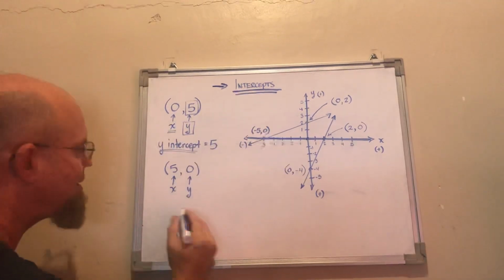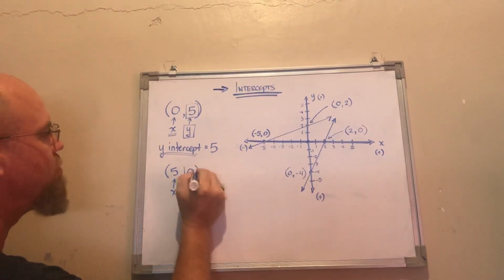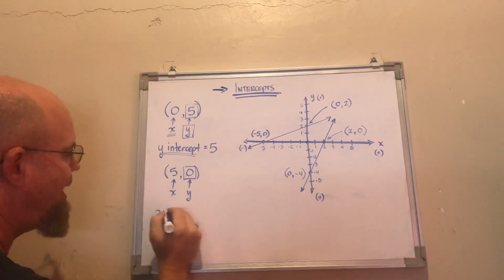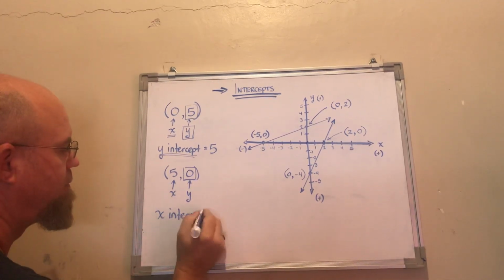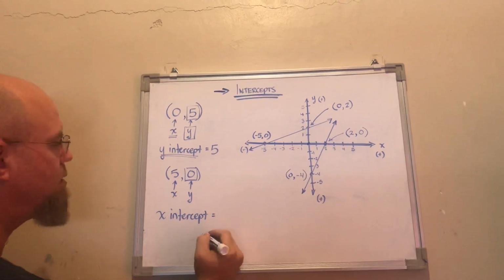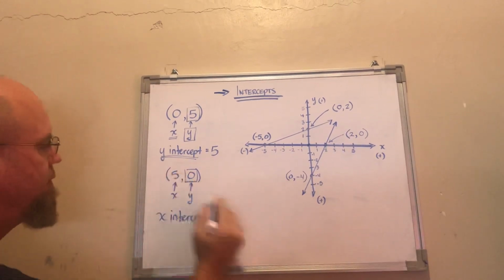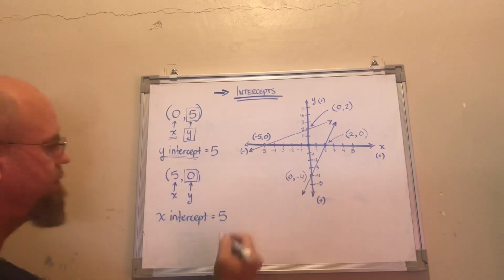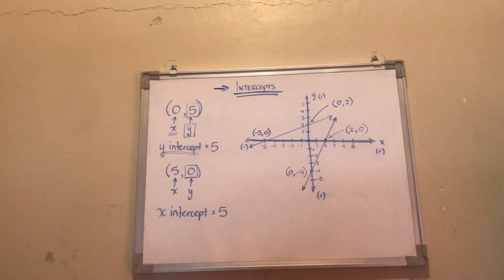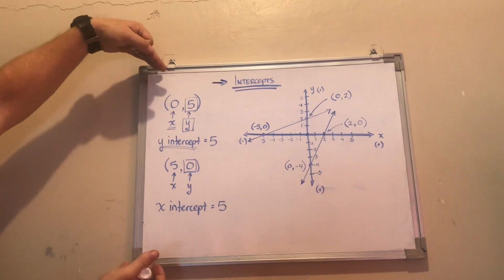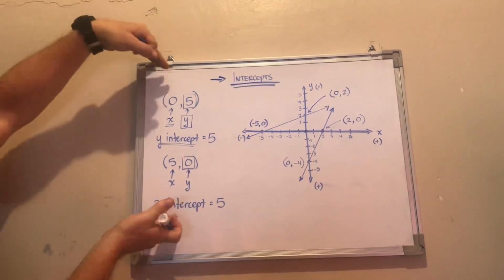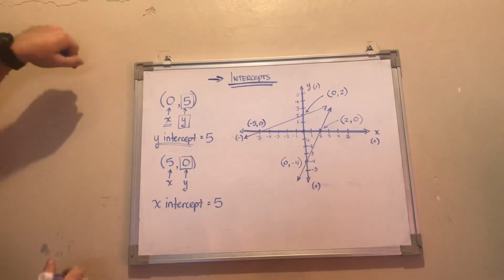So when y equals 0, your x-intercept will equal the value for x, which is 5. That is the basis of intercepts.